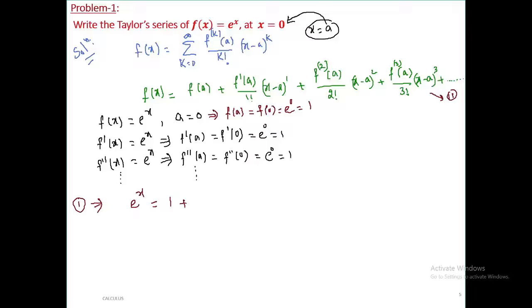So let me write this in detail so that it will be very clear. Yeah, let me write like that. So first, substitute a is 0.